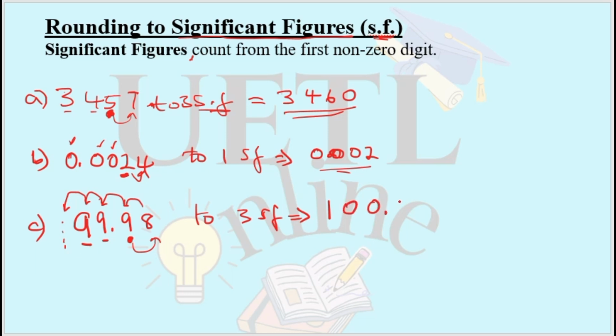To write these numbers, we have these zeros. We just make sure we have three significant figures: 1, 2, 3. So we can simply write it as 100. This will be our answer. It has 3 significant figures.